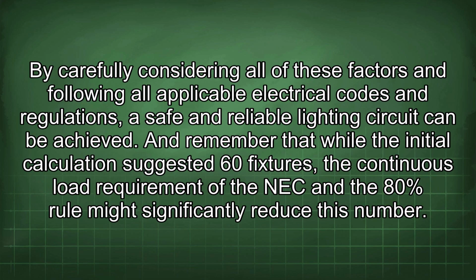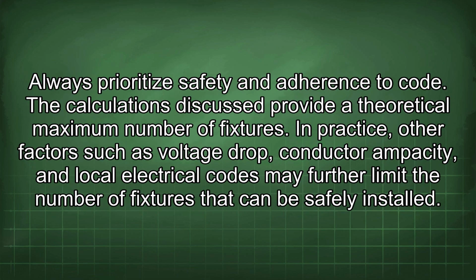By carefully considering all of these factors and following all applicable electrical codes and regulations, a safe and reliable lighting circuit can be achieved. And remember that while the initial calculations suggested 60 fixtures, the continuous load requirement of the NEC and the 80% rule might significantly reduce this number. Always prioritize safety and adherence to code.